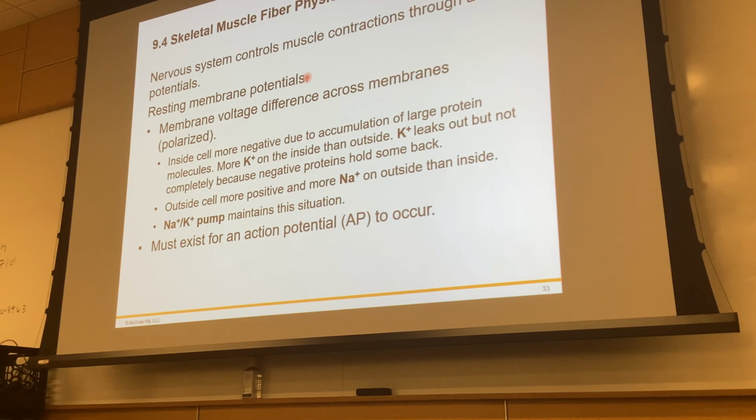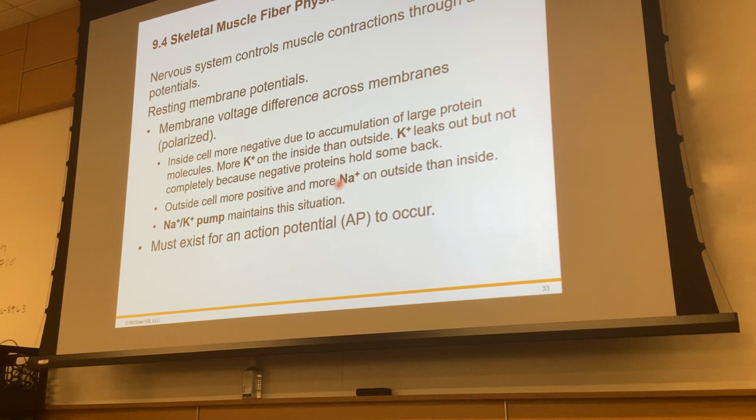The resting membrane potential is something that we have already talked about. It is formed by active transport, and it is present because of the sodium-potassium pump. Particularly for neurons, the sodium-potassium pump is really critical. More potassium is on the inside, and sodium is on the outside.